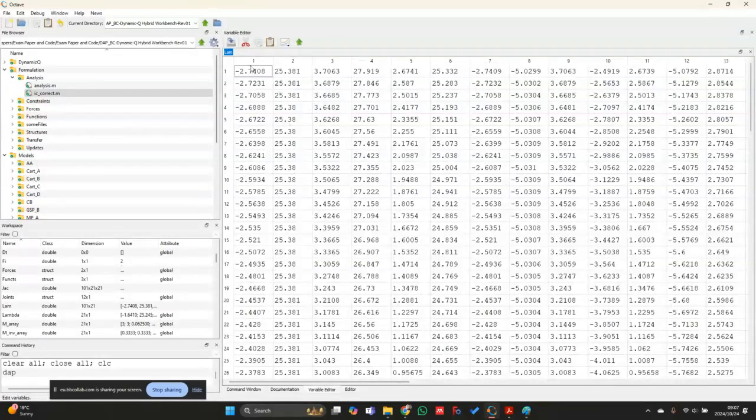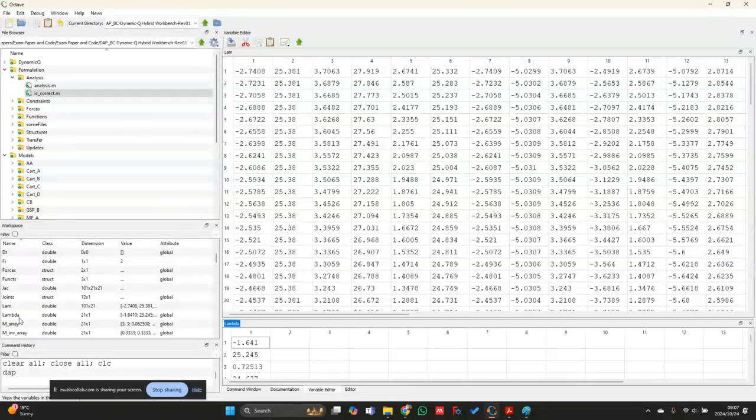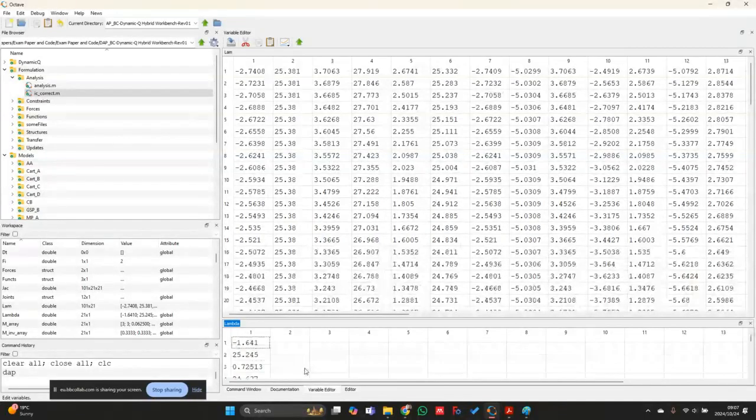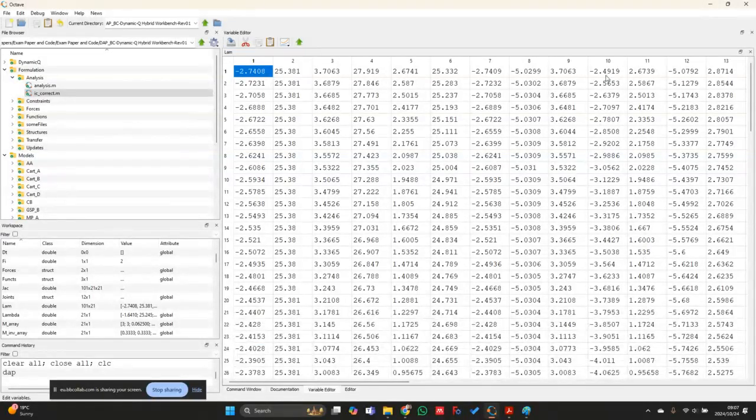Just have to maybe check. Okay. So we check over here. Yeah, so there does appear to be a bit of a difference between the two. I see this one is minus 1.641. This one is minus 2.7408. So according to me, they should have corresponded if this lambda gives you the initial point. So my suggestion would rather be to use the one that is generated as a function of time.